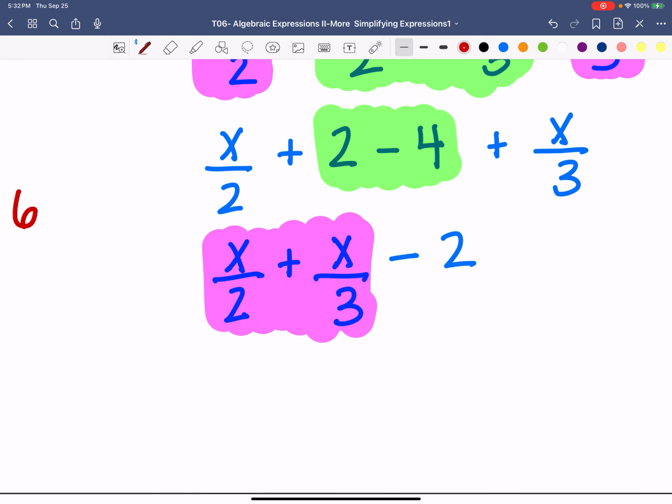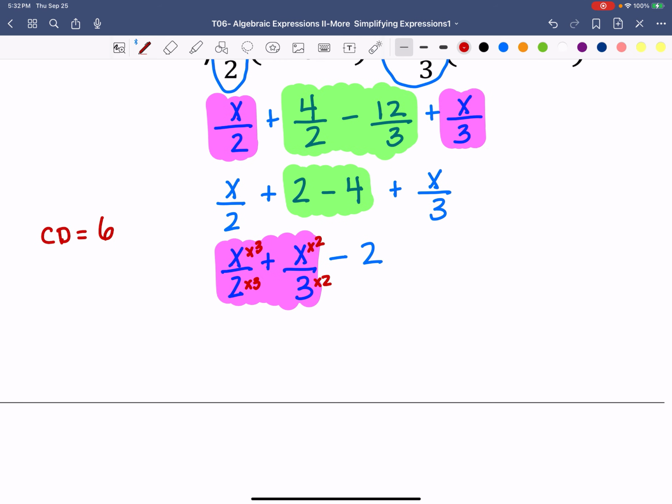So I can take my first fraction. If I multiply the top and the bottom by 3, that's going to give me a denominator of 6. And then for my second fraction, if I multiply the top and the bottom by 2, that's going to give me as well a 6 in the denominator. So from here, what does this mean?